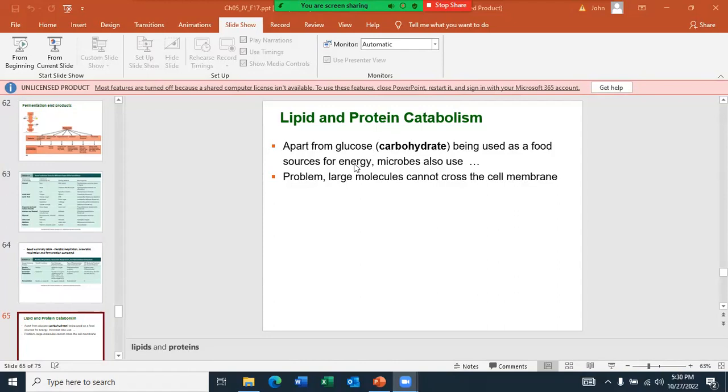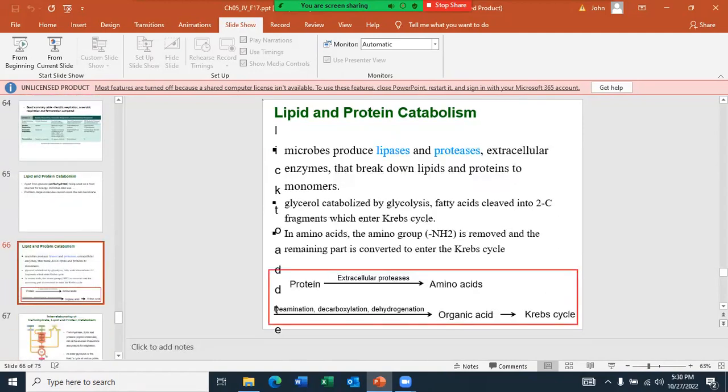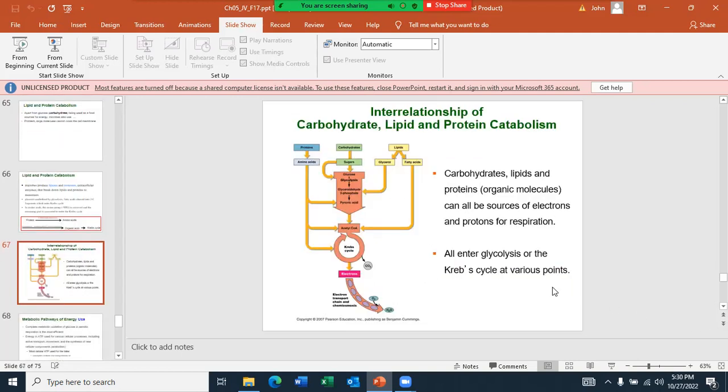And then these smaller molecules are brought across the cell membrane with a transport protein, meaning they can't move across the membrane on their own, but they can with the transport protein. And so the cell produces lipases and proteases to digest the lipids and proteins outside the cell. I think I'll just skip this and move on.